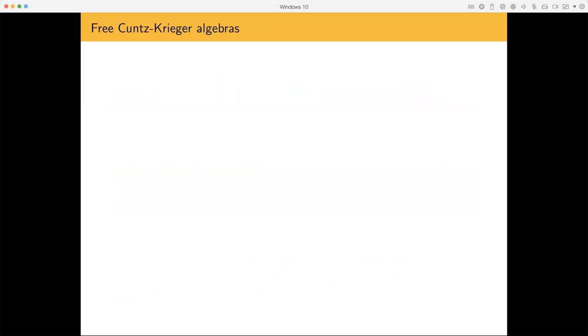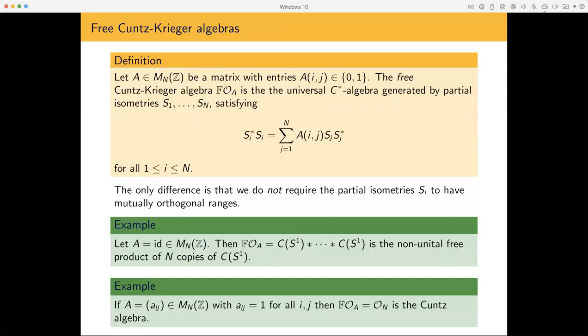Anyway, so liberated or free Cuntz-Krieger algebras, that's the following thing. We take the same input, an integer matrix with entries in 0, 1. And the definition reads almost the same as the Cuntz-Krieger one. The only difference is that we do not require mutually orthogonal ranges for these partial isometries. And that changes things in general.